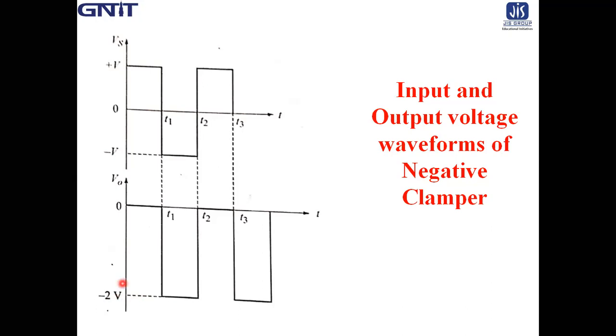It is also observed that the output is negatively clamped and the output signal has undergone a downward vertical shift by V volt. So the negative clamper circuit has also shifted the zero voltage level of the input signal to minus V at the positive edge of the input waveform.